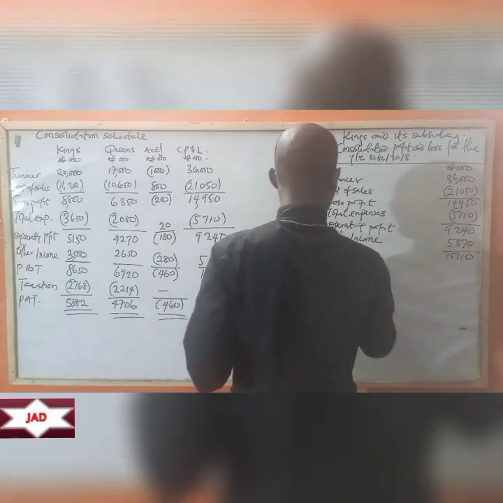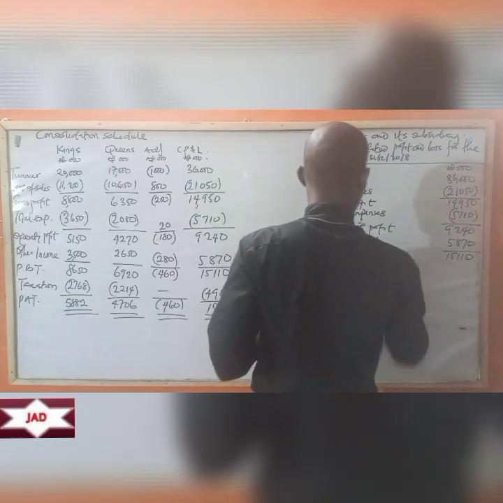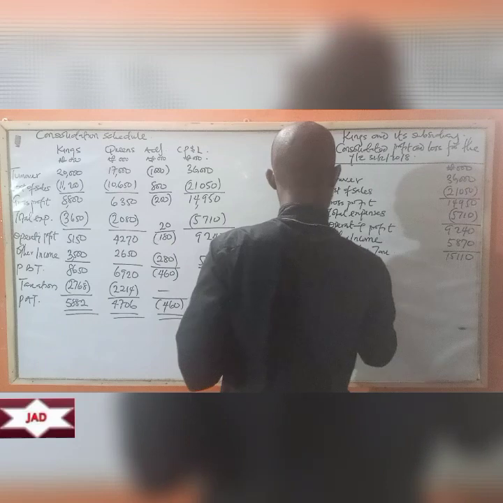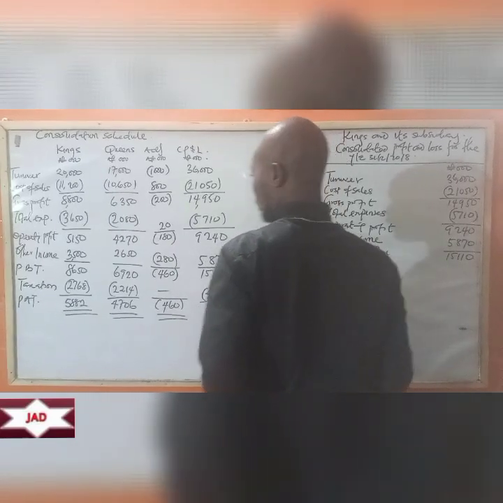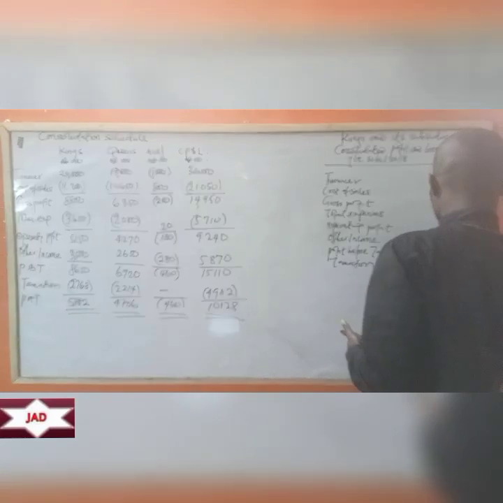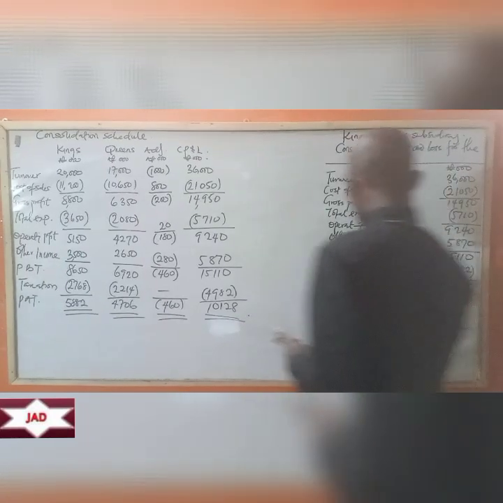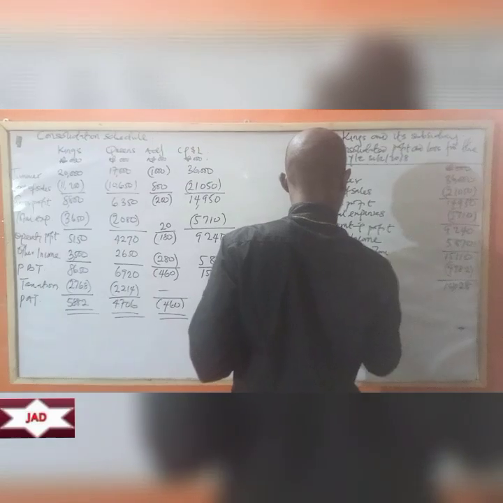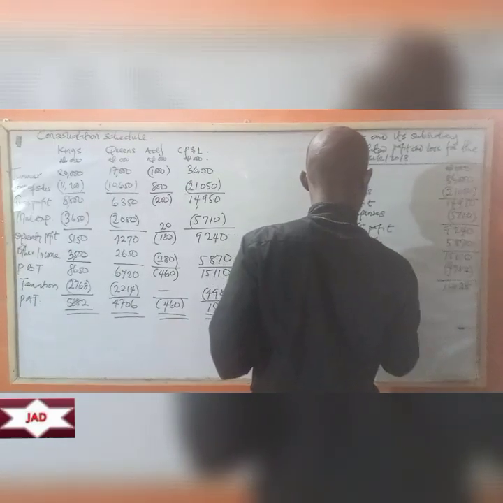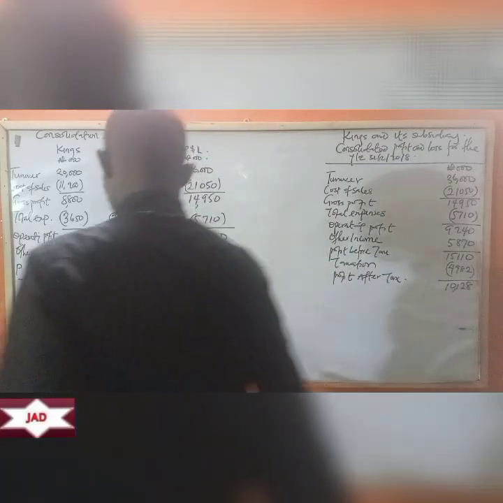So this is your profit before tax. And what's the taxation? According to the question, we have 4,982. What do we have? 10,128. This is the profit after tax. So let's go.